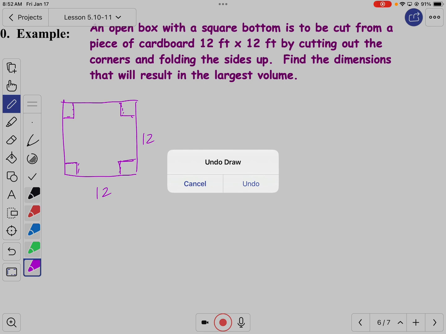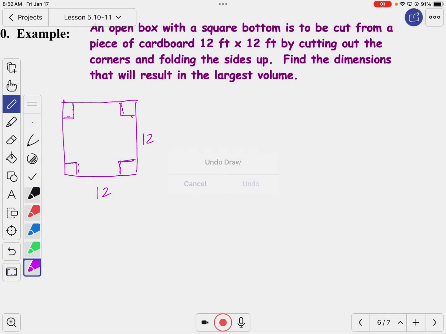So we don't know how tall these corners need to be, right? So I'm just going to call those X.